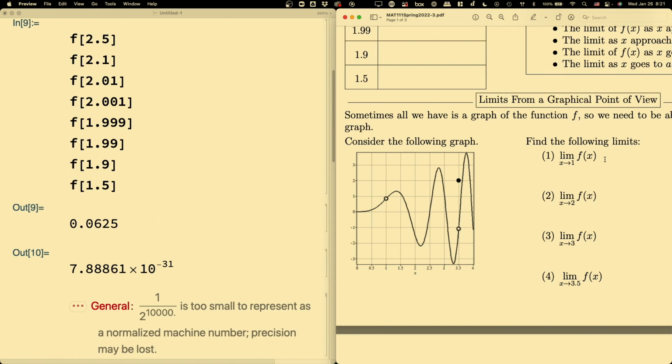So now, what about at 2 and 3? What do you think those two limits are? At 2, what do we kind of think is going on? Maybe -1.5, roughly? Seem reasonable? Okay. All right, what about at 3? Kind of right there.